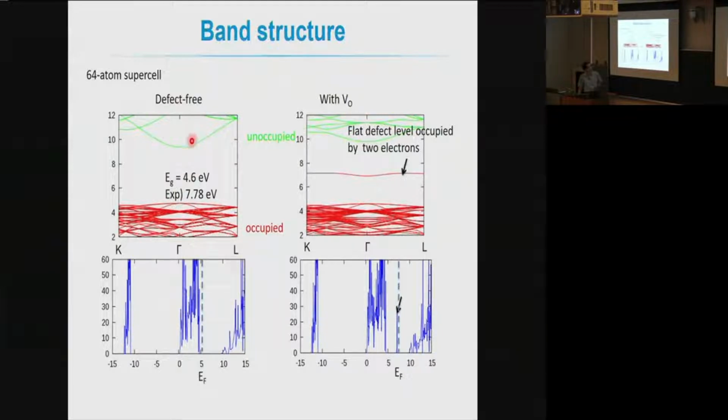You can see this direct band gap, gamma to gamma, is 4.6 electron volt, which is about half of the experimental band gap of 7.78 electron volt. This is the well-known underestimation of the band gap in the semi-local functional.